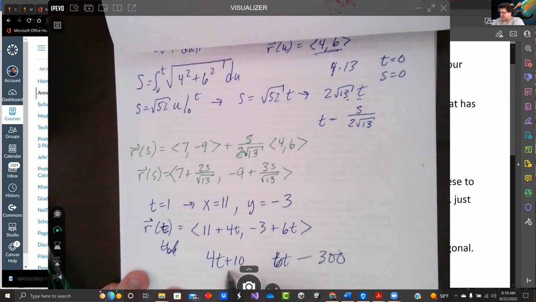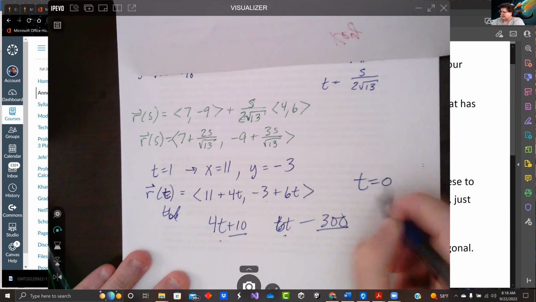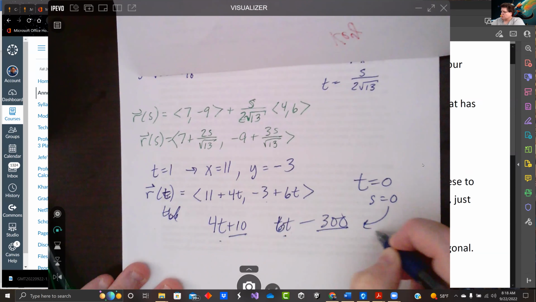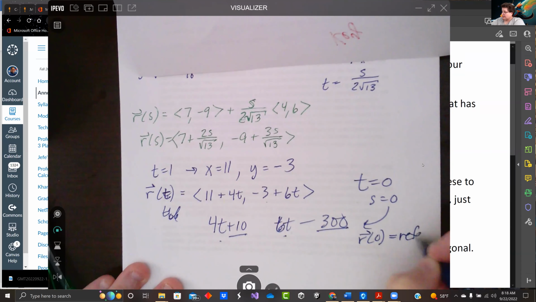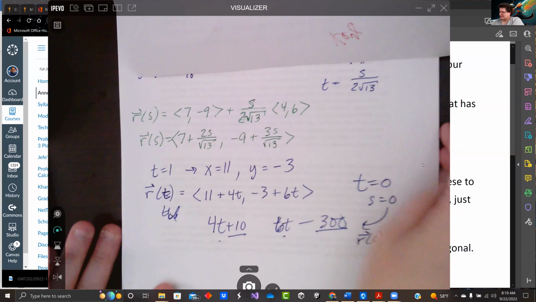No, well, the reference point is what happens when you plug in t equals 0. T equals 0 or s equals 0, that's the reference point. What do you get at r when you do that? That's your reference point. Oh, okay. I guess that was a confusion. Is that a better way of seeing it?